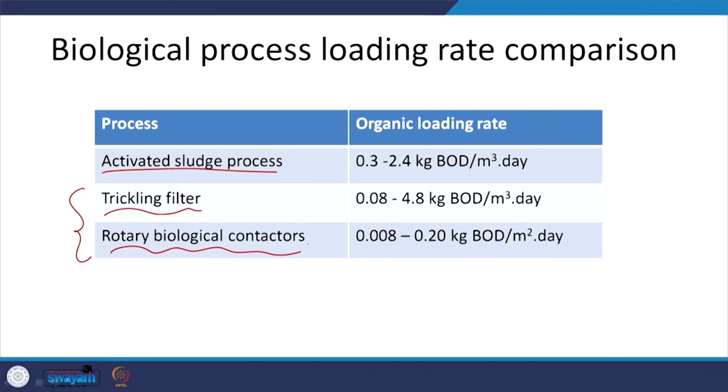Obviously, as you see, organic loading rate is much higher in the case of the suspended process when compared to the trickling filter, and more specifically the RBC. But if you want simpler operation and relatively lower flow rates, then you can go for a trickling filter, but space is an issue, or area has to be available. If not, obviously you will have to go with the activated sludge process.